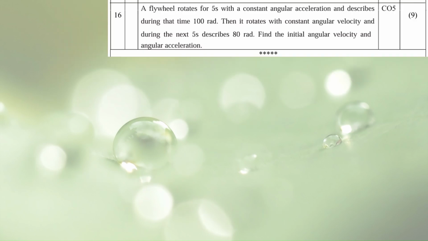Next question. A flywheel rotates for 5 seconds with a constant angular acceleration and describes during that time 100 radian. Then it rotates with a constant angular velocity during next 5 seconds, describes 80 radians. Find the initial angular velocity and angular acceleration. So what is the question? Flywheel rotates for 5 seconds with a constant angular acceleration.